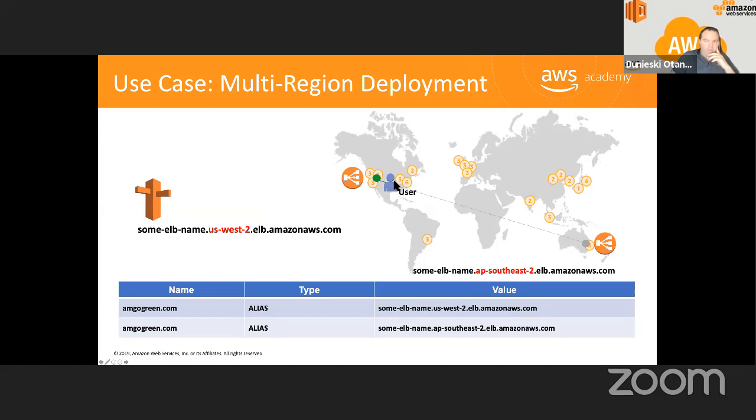Which one is going to be the primary, and which one is going to be the secondary? So let's say that you have the United States as the primary location, just in case of a disaster. All your users are going to be sent to the United States, because that's the primary. And then the secondary, just in case one goes down, and then you're going to be sent there.